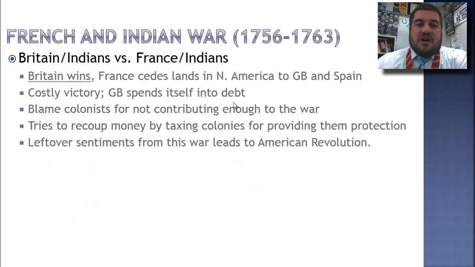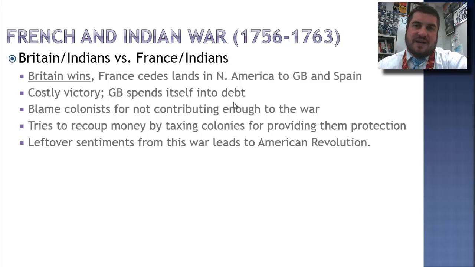In the French and Indian War, the British and a group of Indians are fighting the French and a group of Indians in the New World. Britain wins, and this basically throws France out of the New World, and they cede all of their land in North America to Great Britain and Spain. It's a costly victory, though, and Great Britain spends itself into debt, and they sort of blame the colonists.